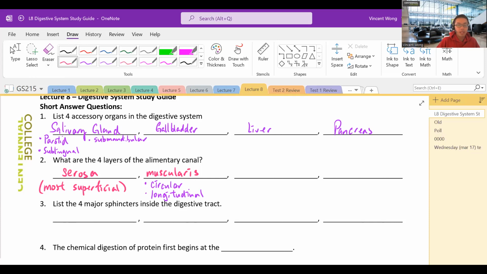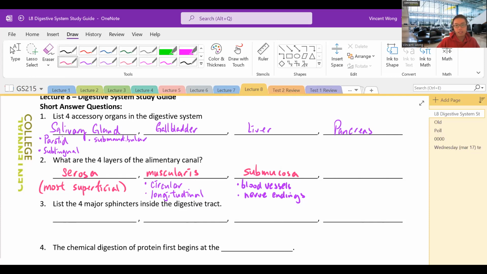Beneath the muscularis is the submucosa. This is where you will find things like blood vessels and nerve endings. It's where you will supply nutrients, oxygen, and all that stuff to your GI tract, but also it will help you absorb the nutrients from your food, specifically at the latter two parts of your small intestine.